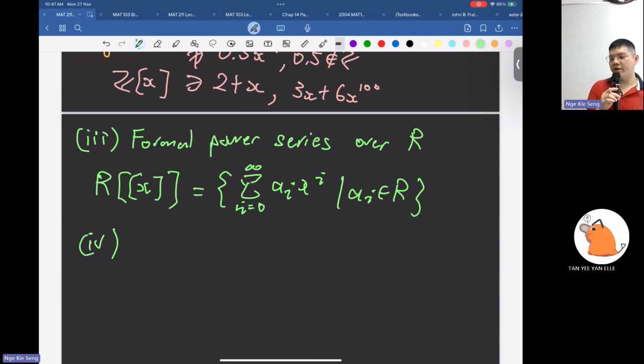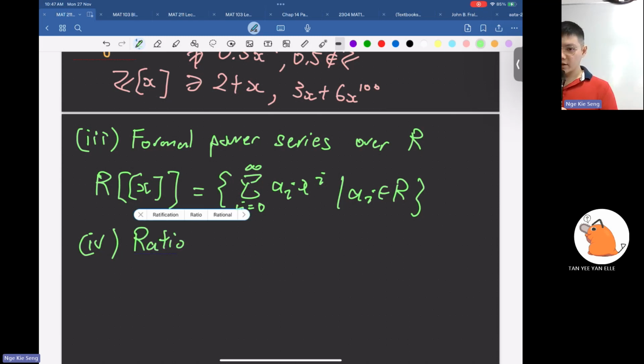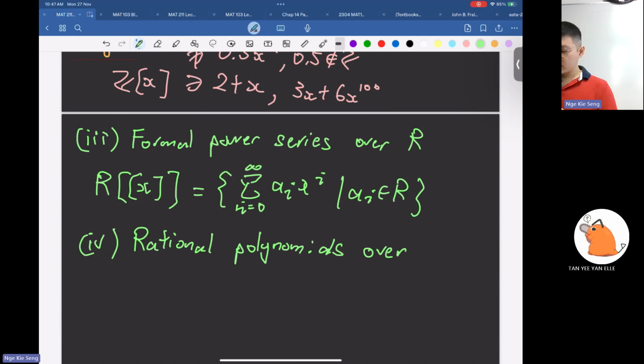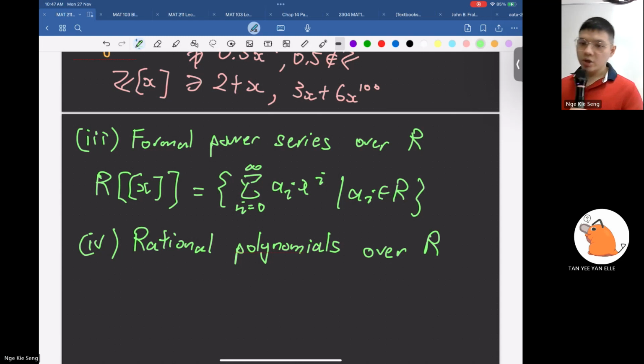So in the polynomial ring, there's one thing that's not good about it: we cannot find the inverse in the polynomial ring. So how about we add the inverse in? Let's add the inverse into our polynomial ring. This is what we call the rational polynomials.